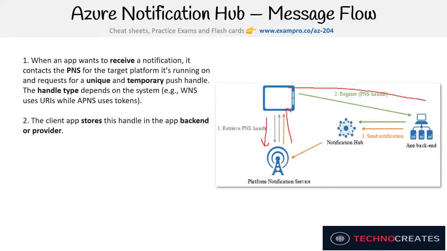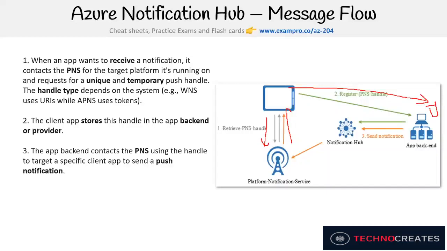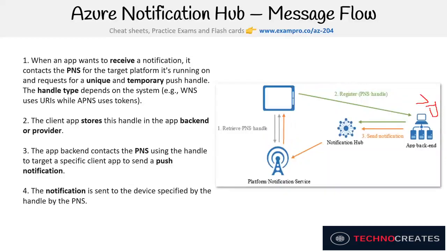And then it goes to the back end and stores that token here. And then the idea is that whenever your app wants to notify all devices that are registered for push notifications, it's going to then push it out with the handle. It's going to go to the platform notification service, and then that's going to roll it out. And then all your apps are going to receive that information. So hopefully that makes it pretty clear how that works, okay?